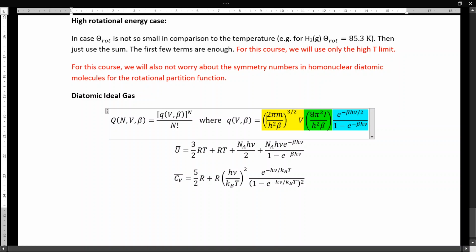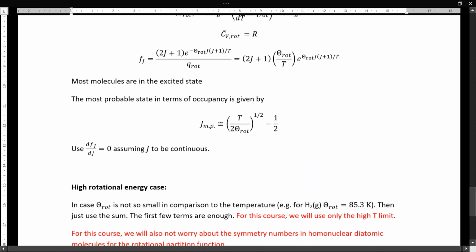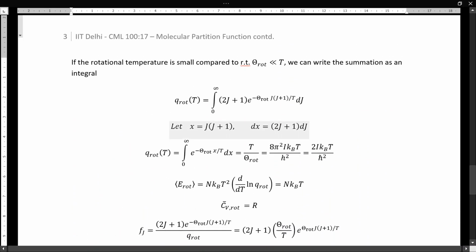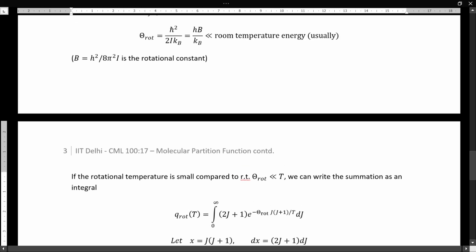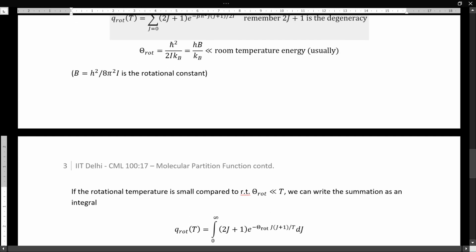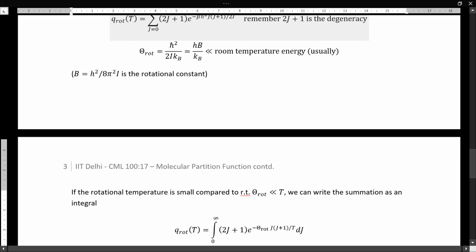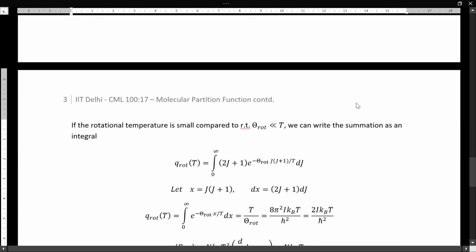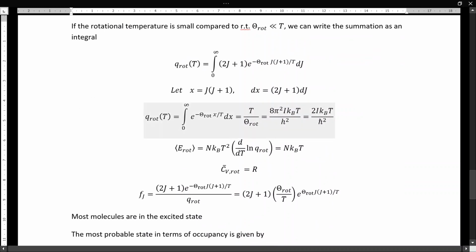Then 8π²I / h²β, which you will recognize as the rotational part. You can see this is T by θ, where θ is h²/(8π²I k_B), or if you want, in terms of 8π²I / βh².